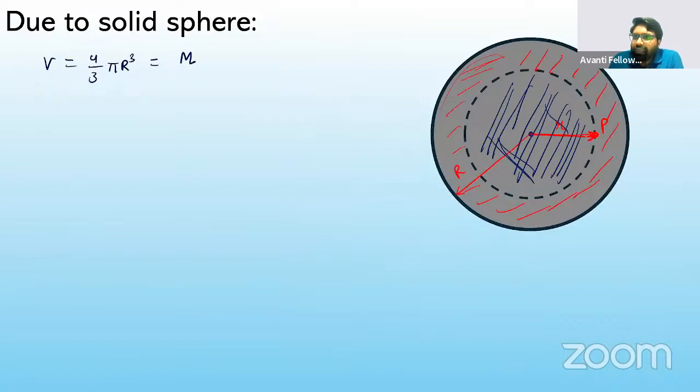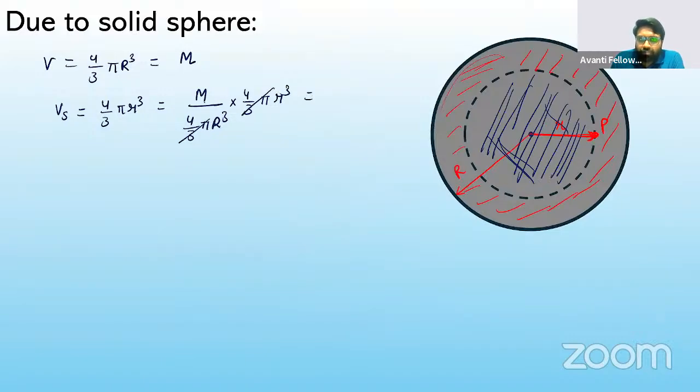So for a small r radius sphere, which will have, let's say, Vs 4/3 pi small r cube, तो इस पे कितना mass होगा, M upon 4/3 pi capital R cube into 4/3 pi small r cube.